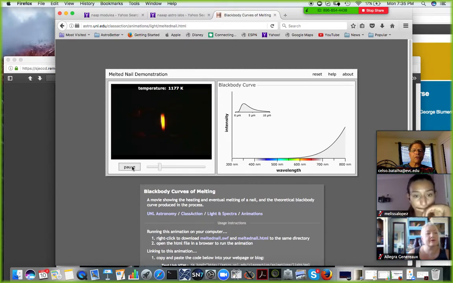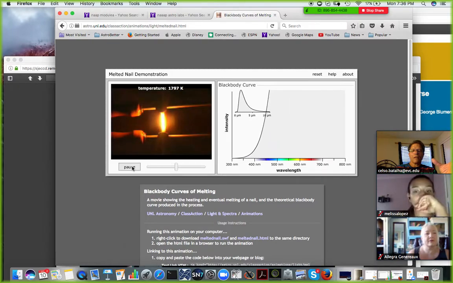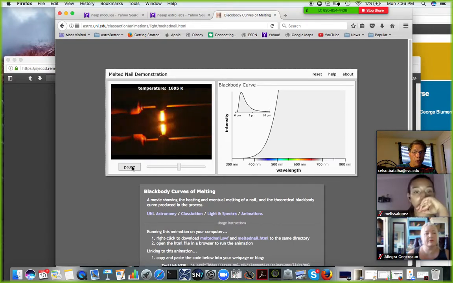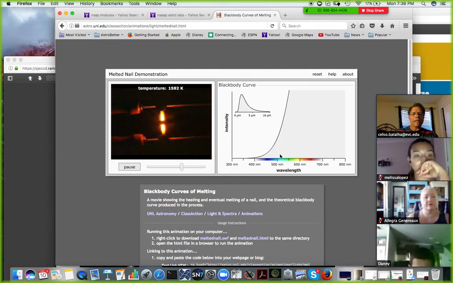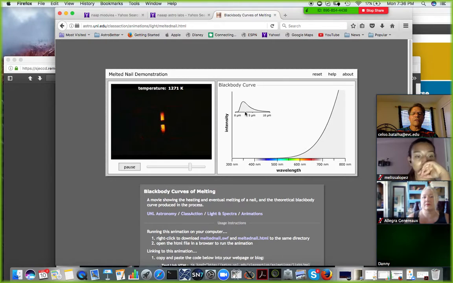The temperature increases, the black body color is changing, to the point that eventually it's going to melt. And when it melts, the circuit opens, and then the black body curve that you can see here on the right-hand side starts to change, and you see its behavior, its shape changing, as we see over here.